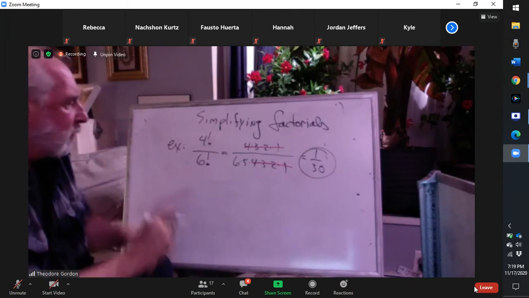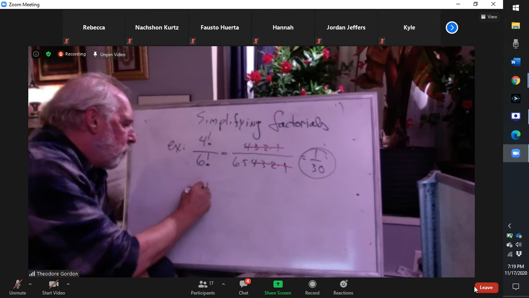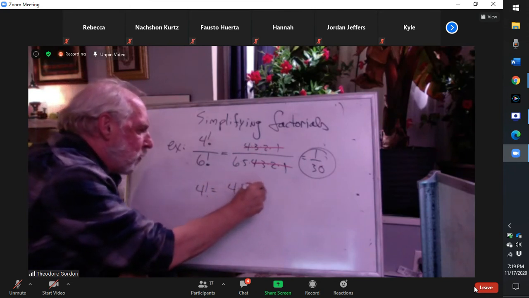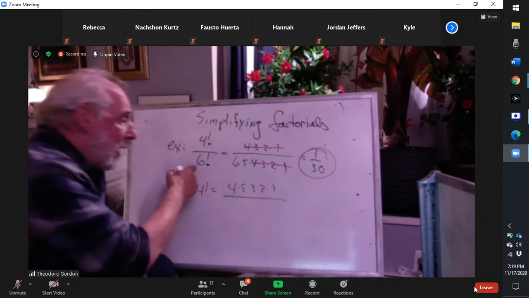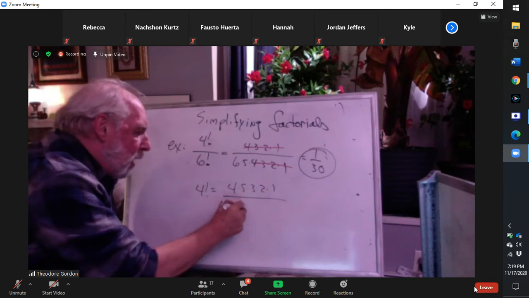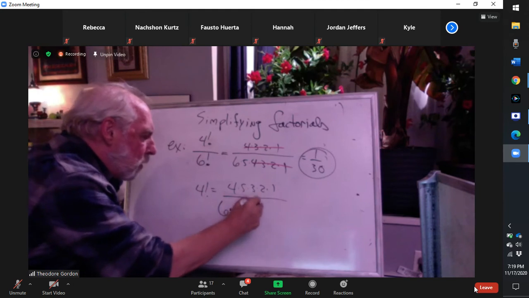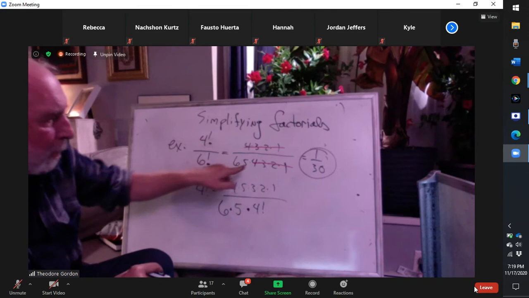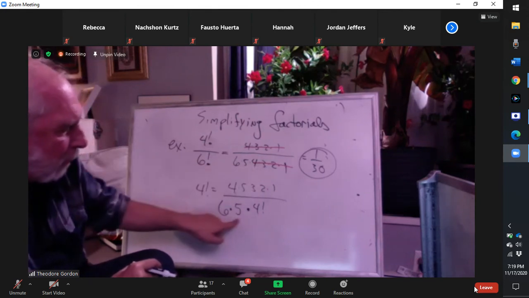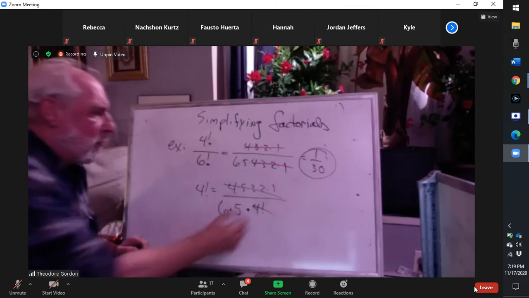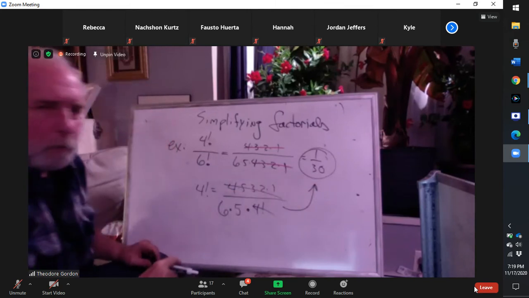So what we can see here is 4 factorial is 4 times 3 times 2 times 1. And I can write 6 factorial as 6 times 5 times 4 factorial. So this 4, 3, 2, 1, I've just left in its factorial form, and those cancel out and put me back at 1/30.